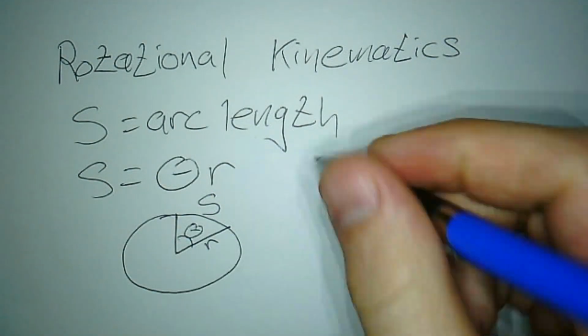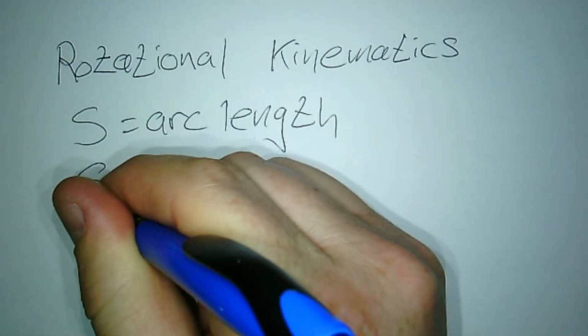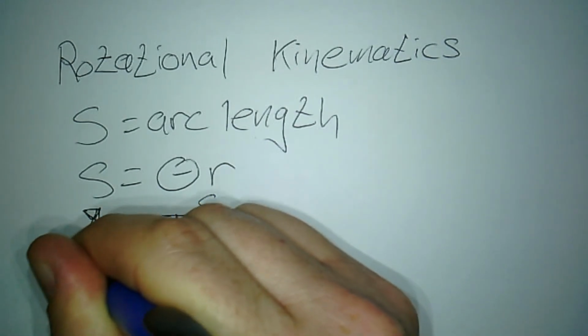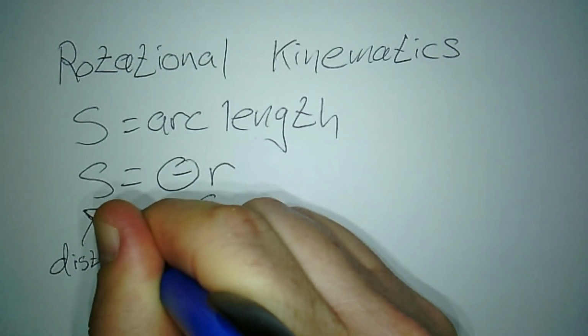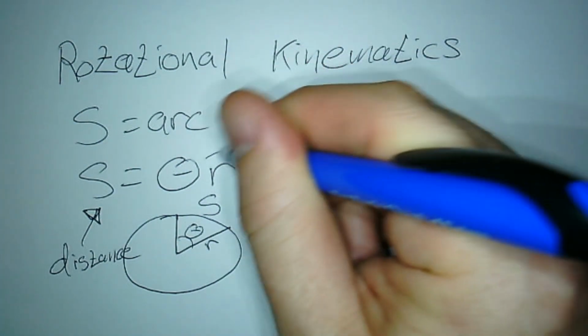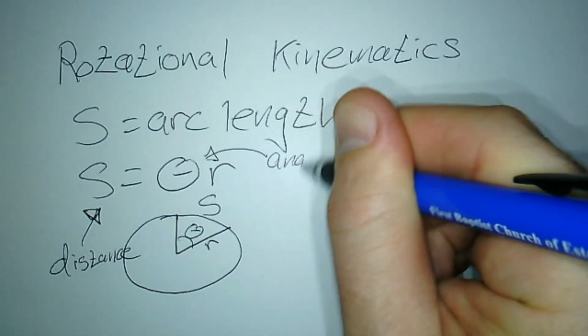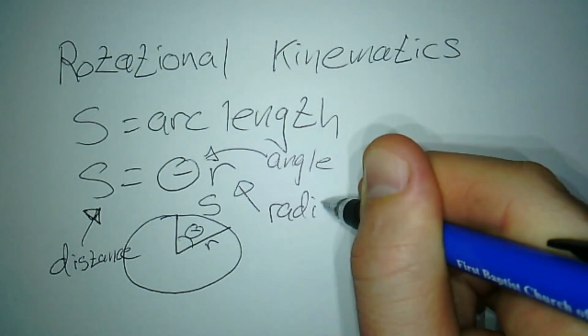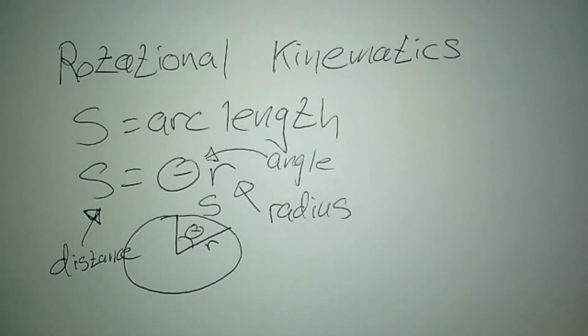So the S is our arc length. So that is our distance. Our theta is our angle, right? And R is radius. These are all things you guys should know.